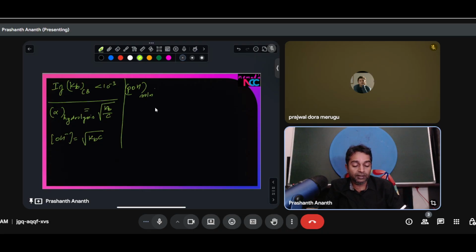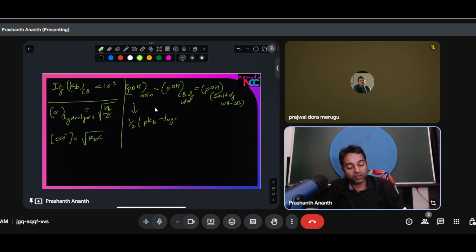What is this? This is nothing but pOH for conjugate base of weak acid, which can effectively be written as pOH of salt of weak acid and strong base. All three of these can now be written as half into pKb minus log C.